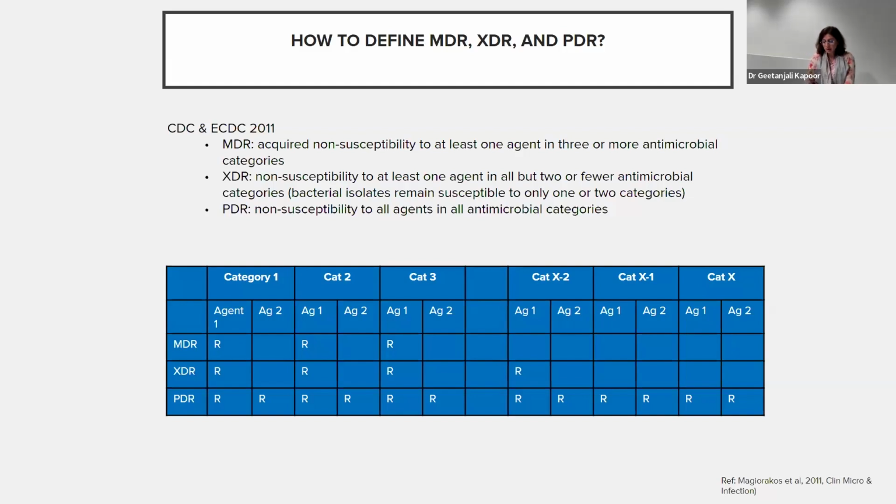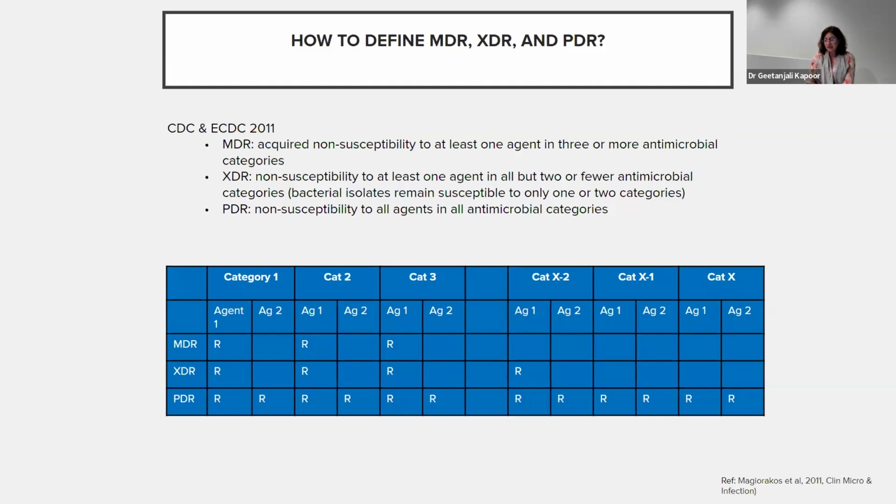On the columns, I'm talking about the categories of antimicrobials. I've listed them from 1 to the last one, which I'm calling category X. Penultimate to that is X minus 1, and before that X minus 2, like that.